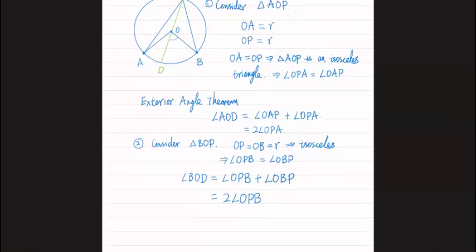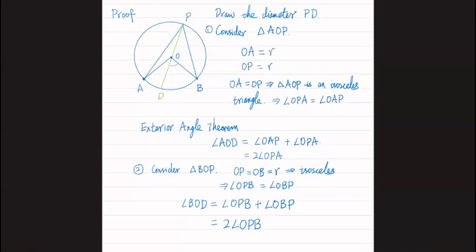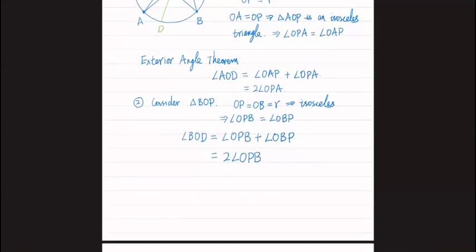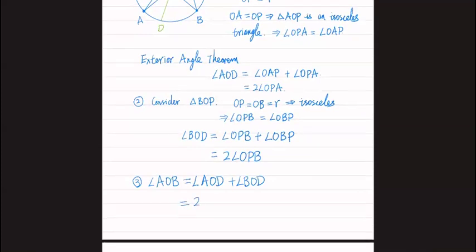Now let's add them. What's the summation of angle AOD and angle BOD? AOB. Okay, so the first step showed that AOD is twice angle OPA.